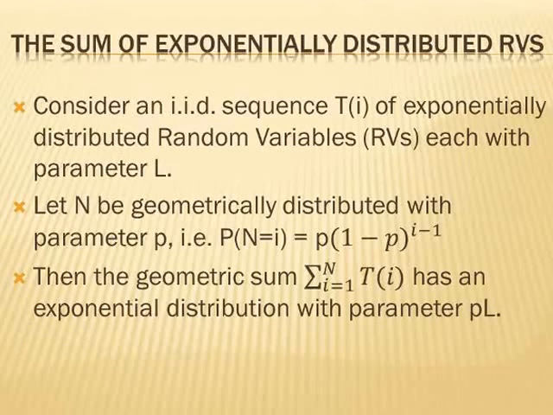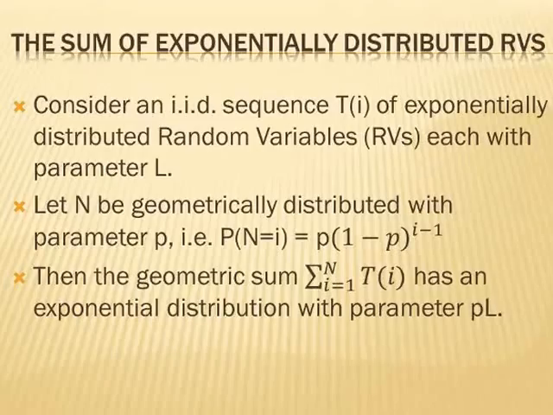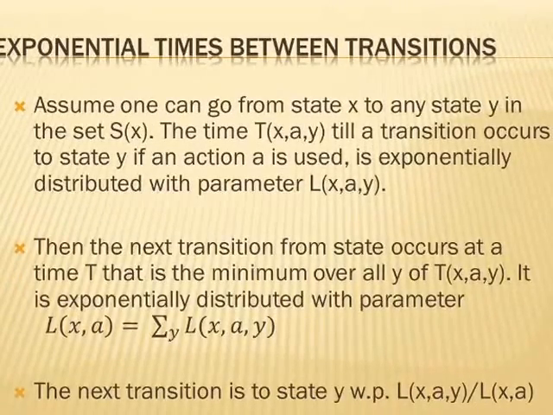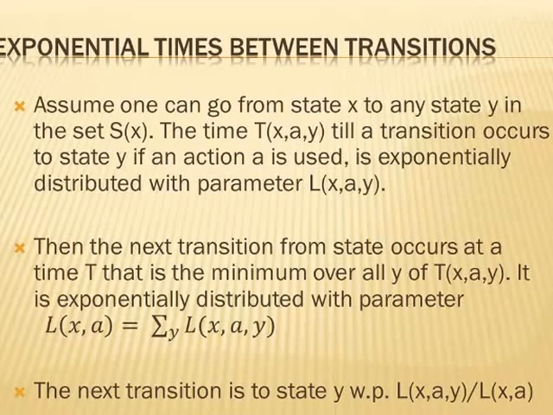So to conclude, a geometric sum of exponential random variables is also an exponential random variable with a longer expectation, or with a smaller rate. Exponential time between transitions. Here's the next slide on this issue.